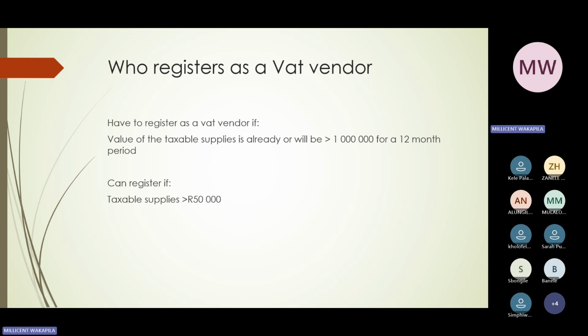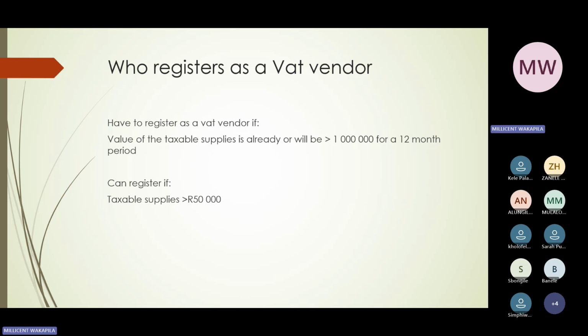You are obliged, you don't have a choice. As long as you're running a business with taxable supplies, and your supplies are more than R1 million, you have to register as a VAT vendor. It's a non-discussion question.